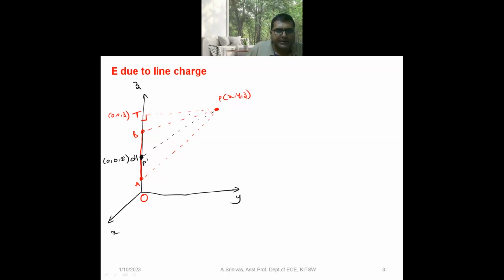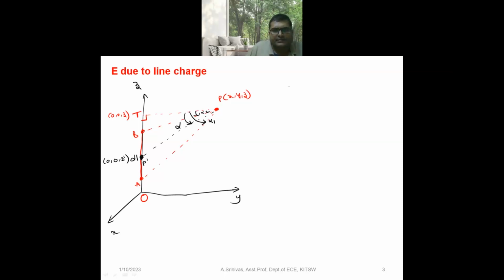The angle made by TP with respect to PP dash is alpha, and the angle made by TP with BP is alpha 2, and with AP is alpha 1.